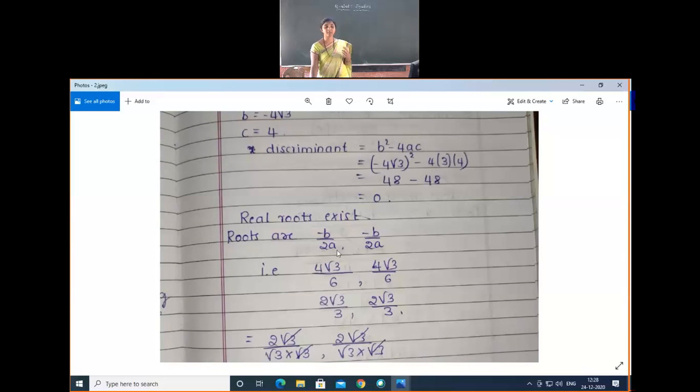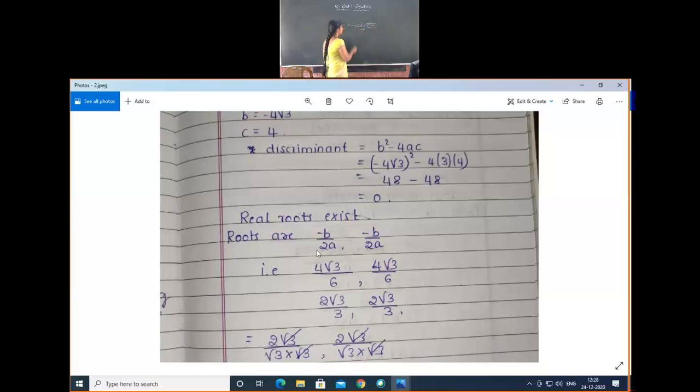What is the form of roots actually? Minus b by 2a, minus b by 2a. How minus b by 2a, you all know, no? If you want the explanation for this concept, x is equal to minus b plus or minus square root of b square minus 4ac divided by 2a.